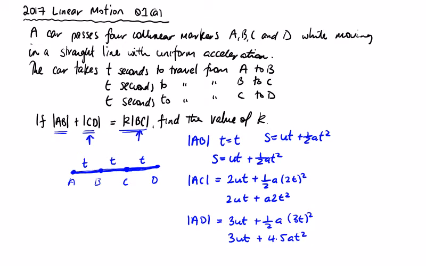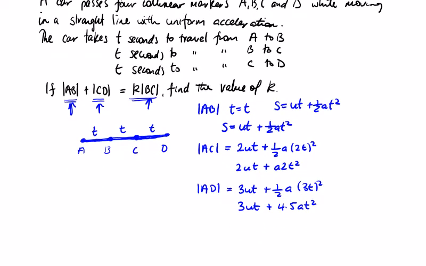So we want AB plus CD. Okay, what is CD then in terms of these distances that we have? CD is equal to AD minus AC. So what's that going to give me?